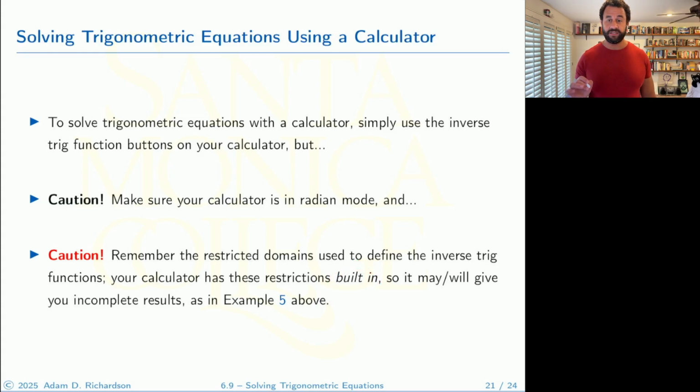They're already built in. So if you're using a calculator to solve these things, it may give you incomplete results. It just depends on what equation you're trying to solve. So just be conscientious of that if you're using a calculator. And that's pretty much it. Other than that, you just use the inverse trig function button, and that's it.